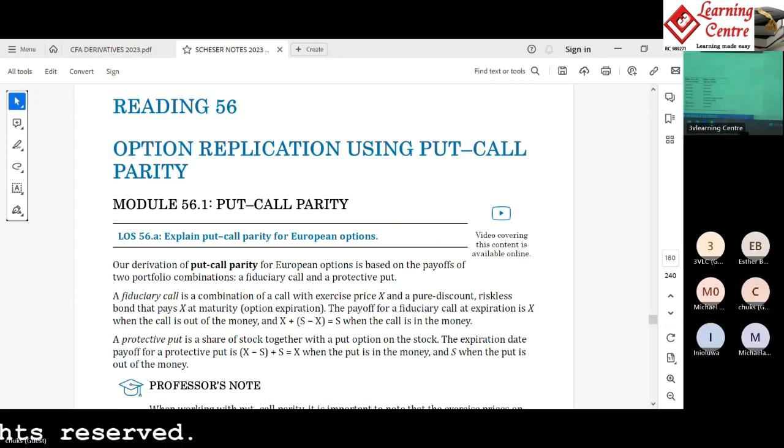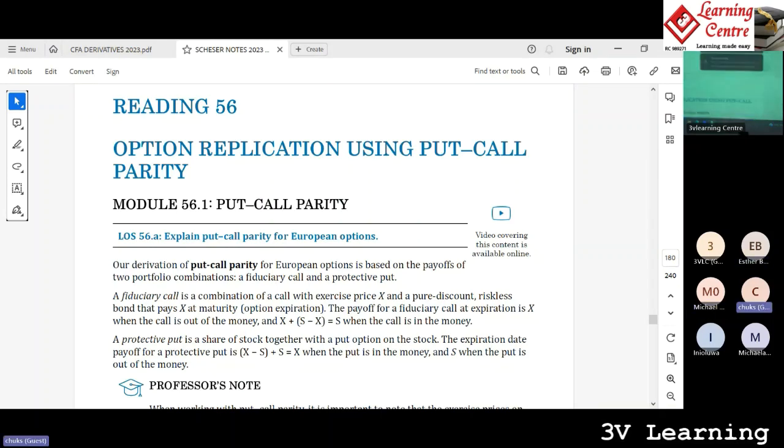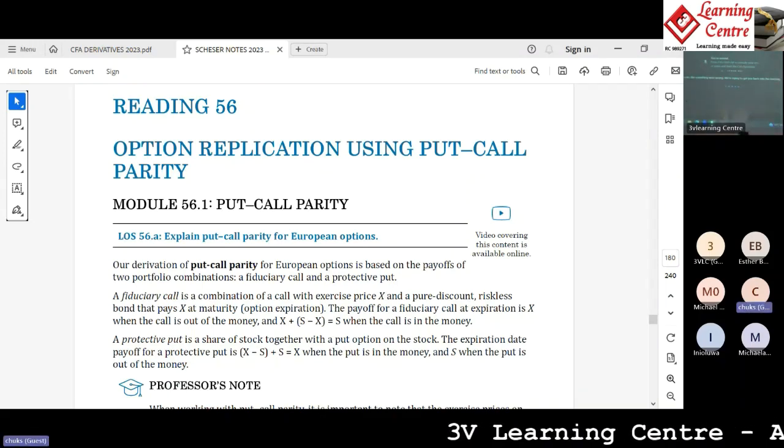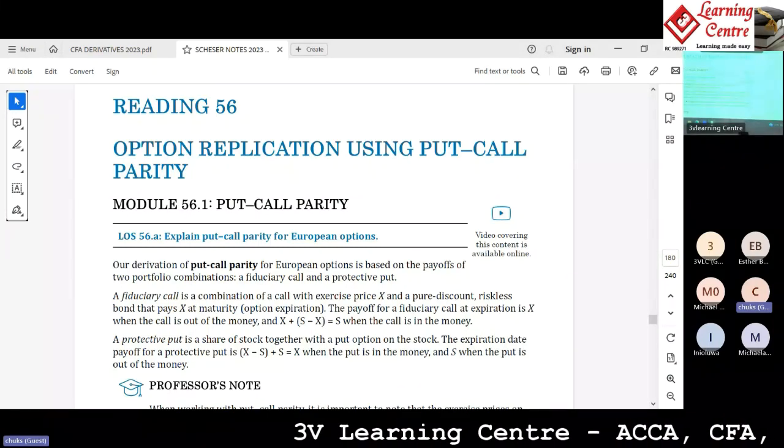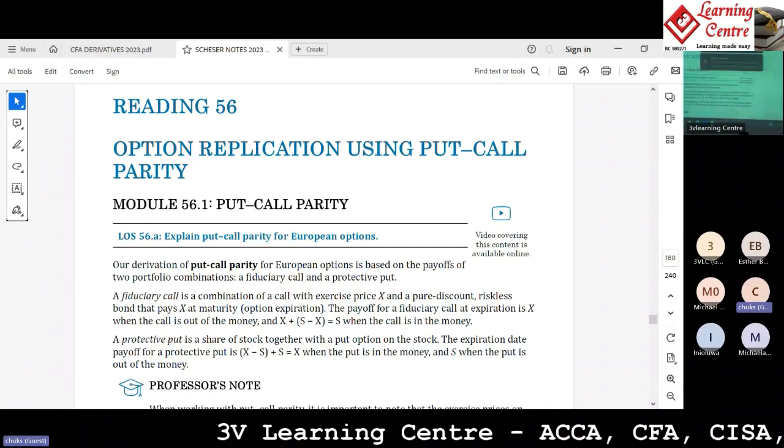So are you guys still with me? Okay, all right. For the put-call parity, we're now saying that we want to have a balance somewhere.